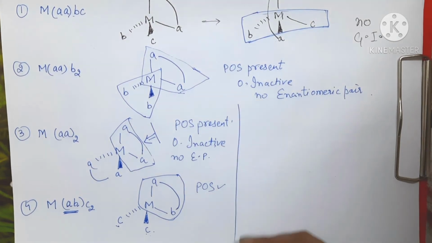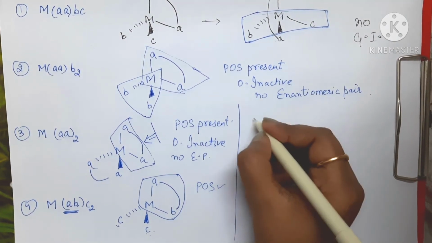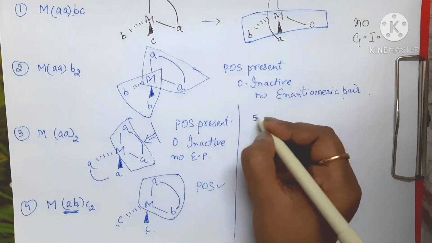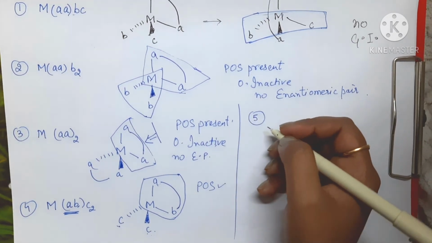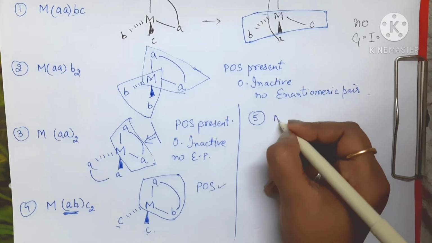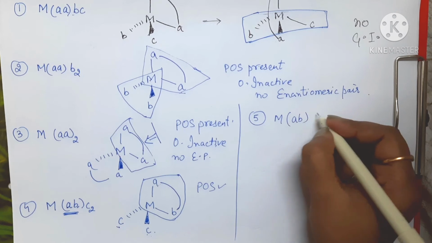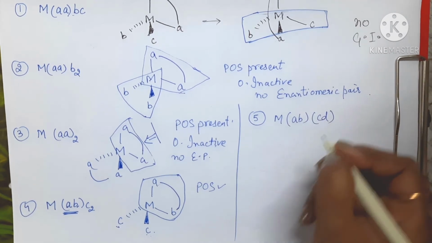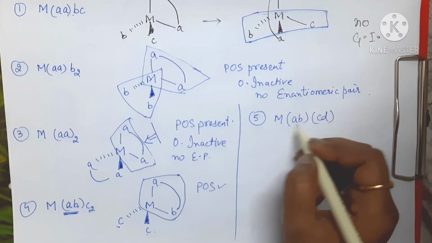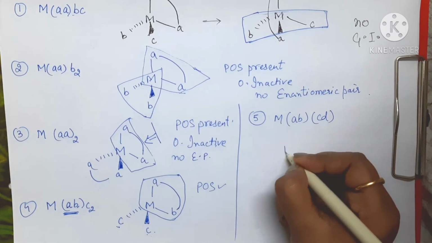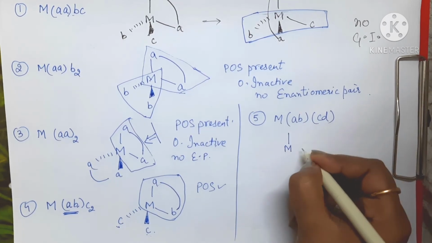So now we'll move on to the fifth type of compound. So that can be MAB. This is one chelating bidentate ligand, and CD. This is the second bidentate ligand, but the attachments are different. So it will be like this.